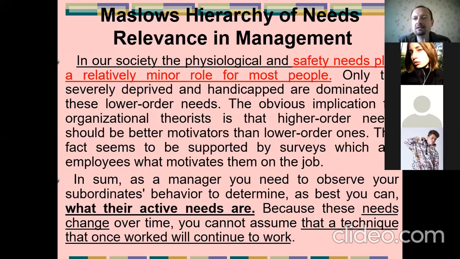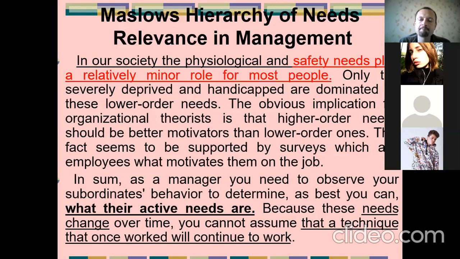What is the possible way to use social needs of your subordinates and for your company, and what rewards should be provided if you keep in mind social needs, satisfying of social needs?